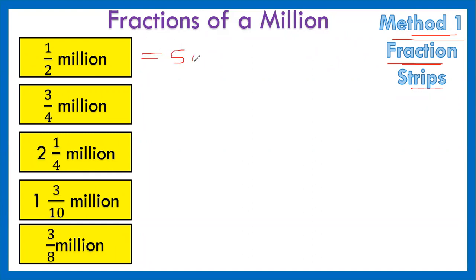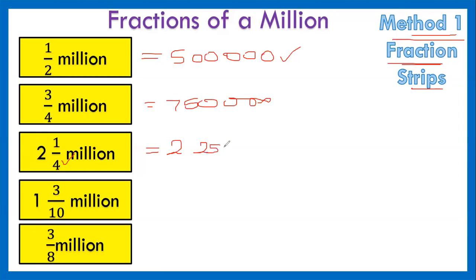Because you know your fraction strips, you look at it and you can answer. 3/4 million, 750,000. 2.25 million. You know a quarter is 250,000. So you have 2,250,000.